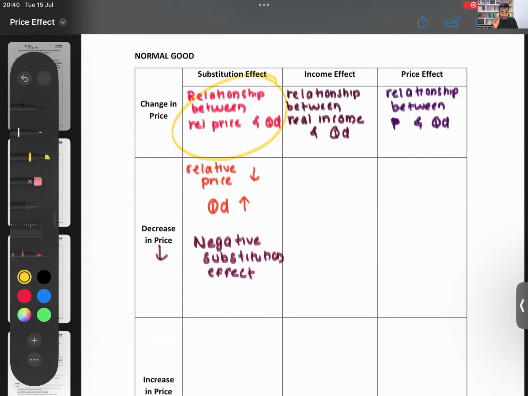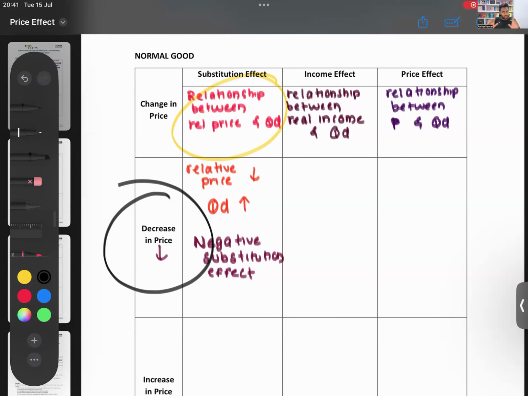So listen again. If I decrease my price, look at where the circles are going. If I decrease my class fees, my class becomes relatively cheaper than the other class.